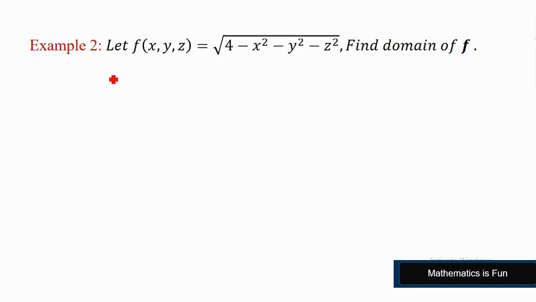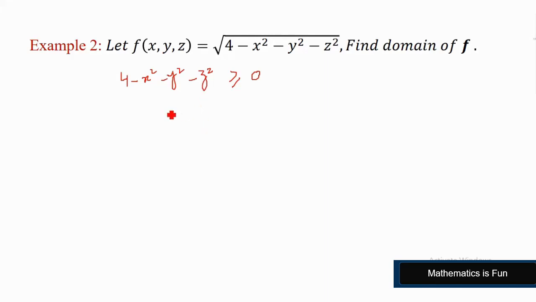So here the function includes a square root, and when we have a square root, the function would be defined if the term inside the square root is greater than or equal to 0. It should not be negative because it becomes a complex number. So here is the condition for the domain of f.